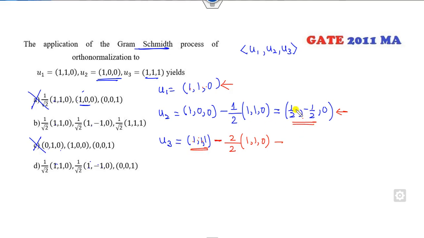What is the dot product? 0, 1 half, minus half, 0 divided by the magnitude of this, 1 by 4 plus 1 by 4, into this vector. Fine. So what is that? It's completely 0 and 1, so it's 0 0 1. So the third vector will be 0 0 1. It is 1 1 1. So this option cancels. The right option is D, the correct answer.